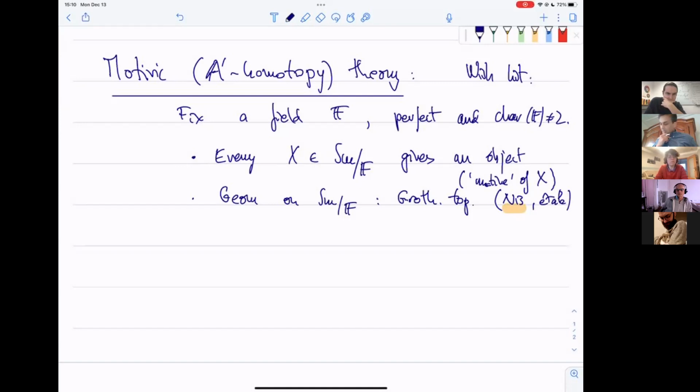And then you impose that A1 cross X, the projection of the affine line over X, should be an equivalence, an isomorphism. You want to impose that.